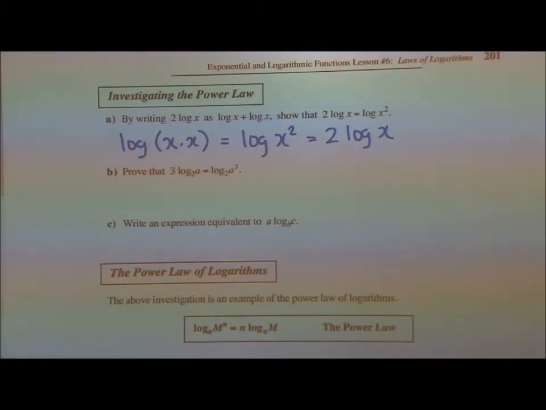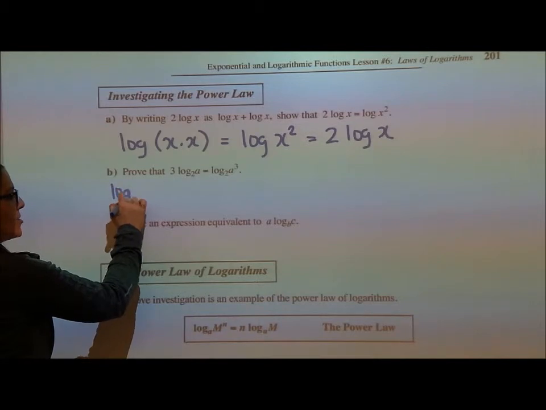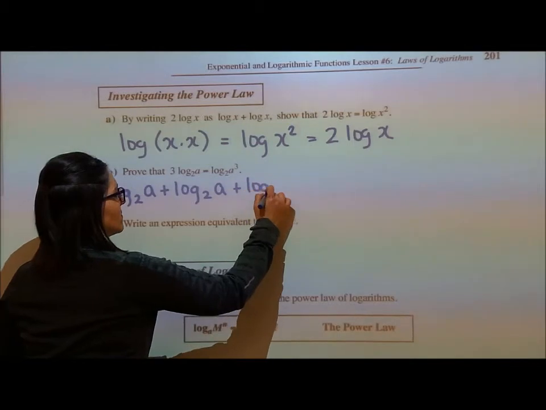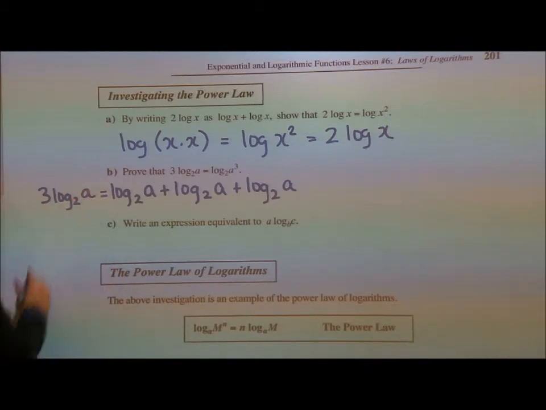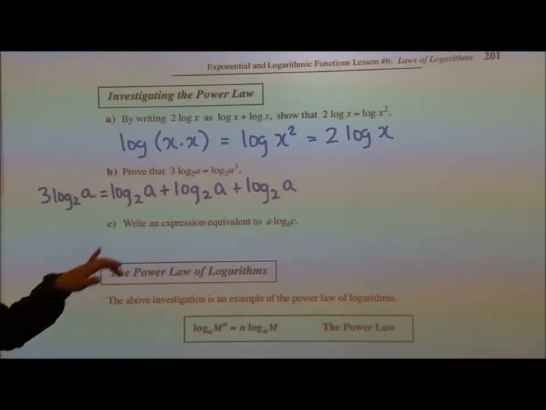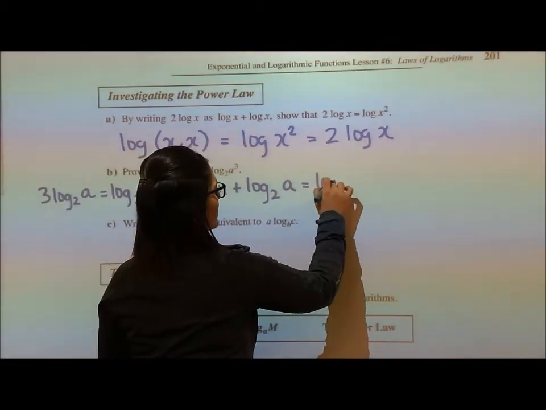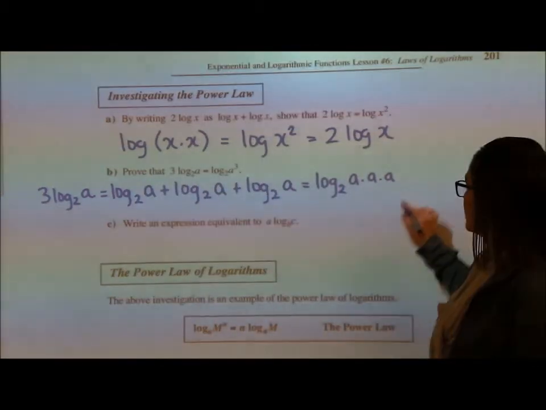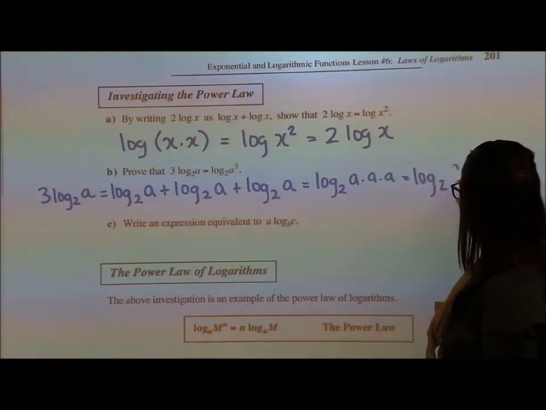So let's suppose I have 3 log base 2 of a. That means I can take log base 2 of a and add it to itself 3 times. The product law says that because my bases are the same and I'm adding them together, I can multiply those a's together. And a times a times a equals a cubed.